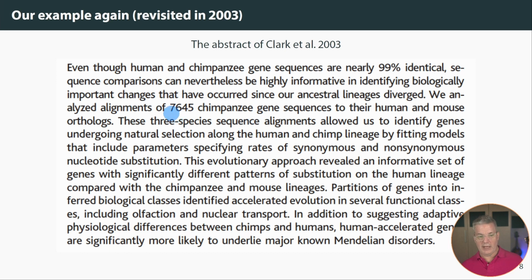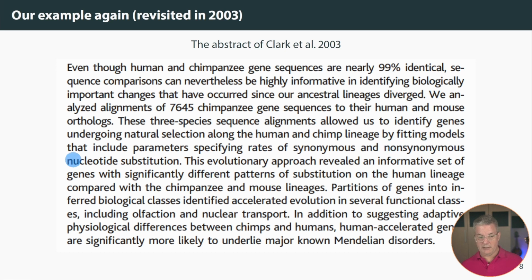So they end up having 7,645 comparisons, 7,645 models, and as you'll see on the next slide, they use that to estimate where the human accelerated genes are, that is, where positive selection occurs on the lineage that leads to human.